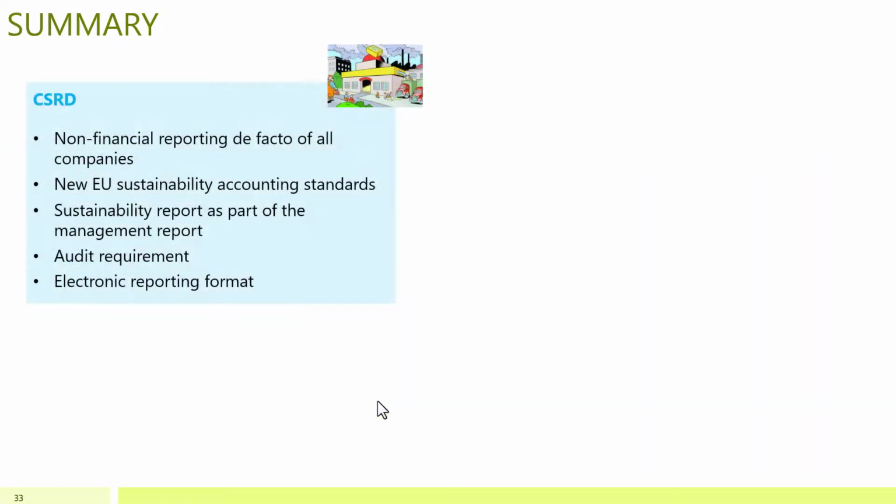In summary, what did we investigate? First, we had a look at the CSRD, the Corporate Sustainability Reporting Directive. It requires practically all companies to report non-financial data. Then we have new European Union sustainability reporting standards, which are part of the management report, so it's no longer a separate report.